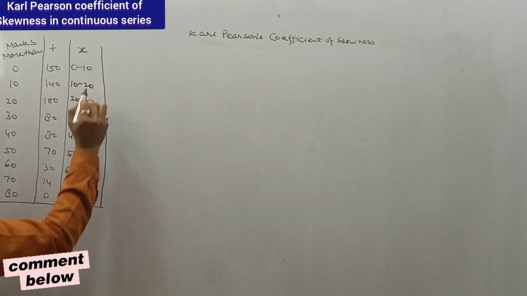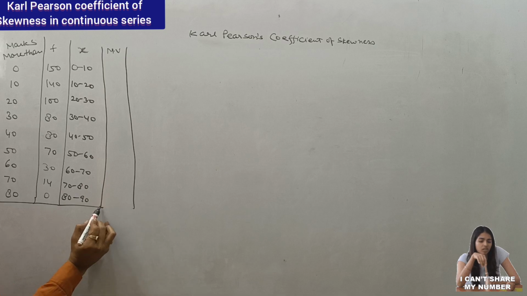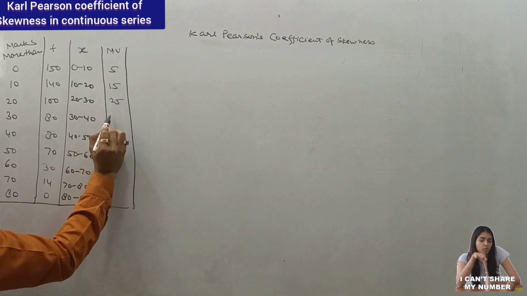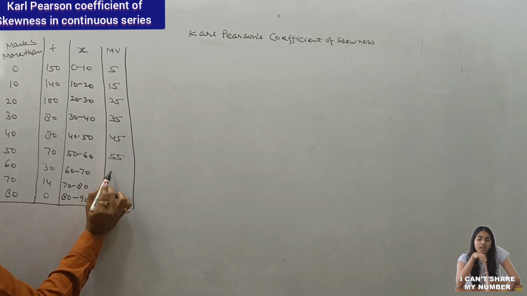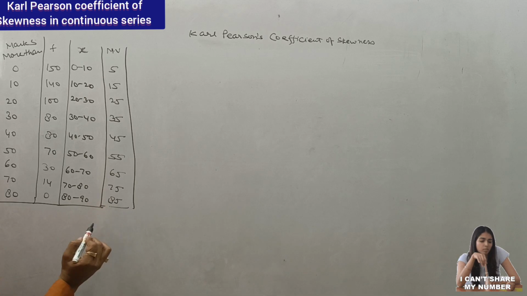I will require the mid values later, so I have already calculated them: 5, 15, 25, 35, 45, 55, 65, 75 and 85.